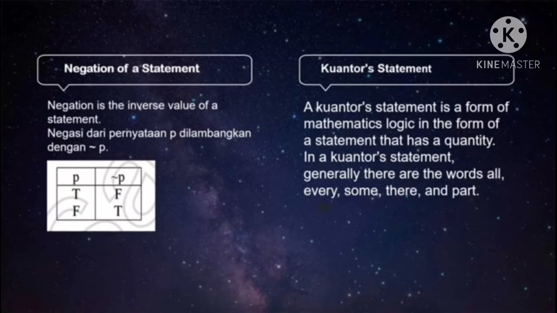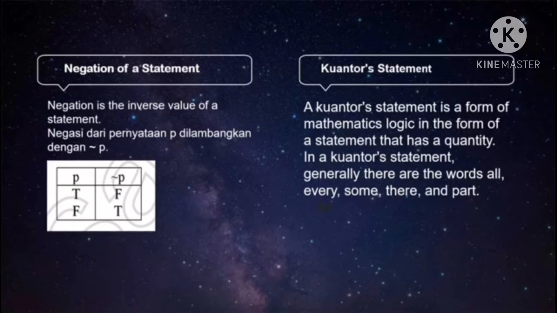And then number 2, quantor statement. A quantor statement is a form of mathematical logic in the form of a statement that has a quantity. In a quantor statement, generally, there are the words all, every, some, there exists, and part.